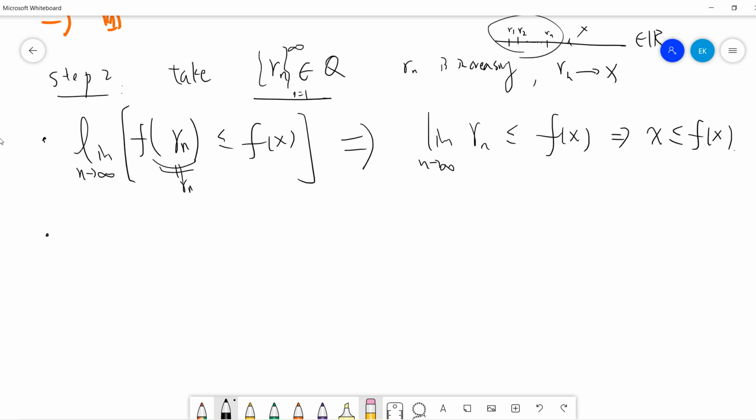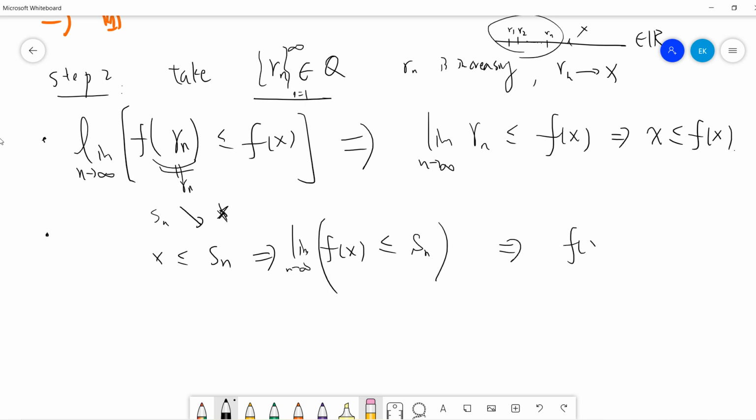On the other hand, we can do the same thing. We can take another sequence, let's say s_n, which is decreasing to x, and do the same computation. So f of x is less than f of s_n, but s_n is also rational, so then take n to infinity.